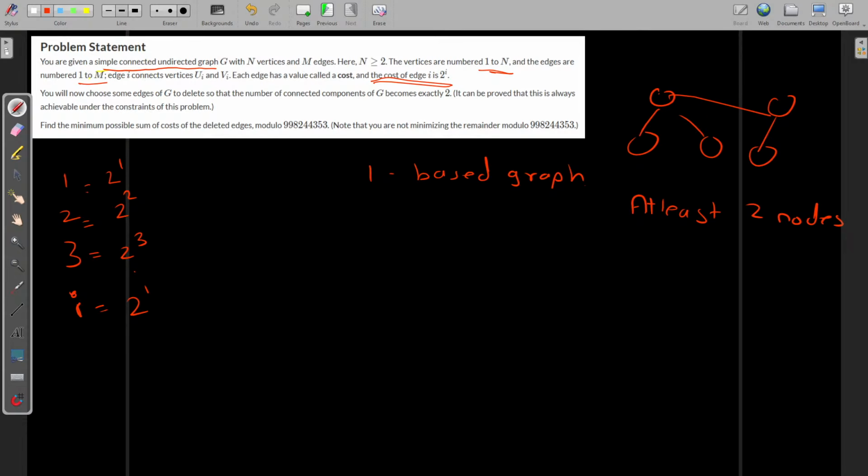You will now choose some edges of G to delete so that the number of connected components of G becomes exactly 2. It can be proven that this is always achievable under the constraints of this problem. So initially there was a single component. Let's draw this graph. Initially there was this graph, can be like this or any.